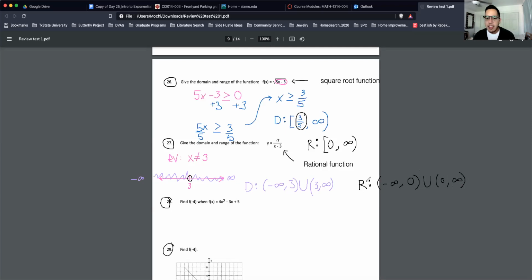So I usually find that that's a little bit more difficult to explain, especially at this point in the semester. But essentially, if you look at this whole expression, -7 over x minus 3, regardless of what number you put in for x, if you put in a positive number greater than 3, you would get a positive number in the denominator and a negative number in the numerator.